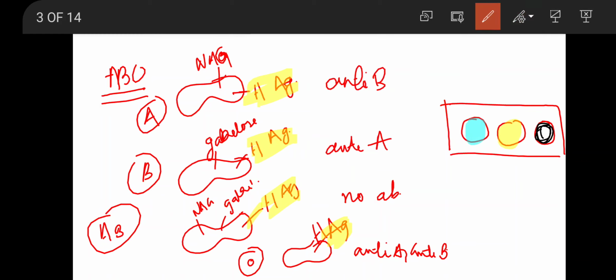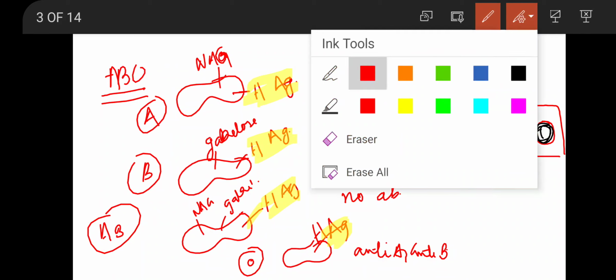This is the color of anti-A antibody. This is the color of anti-B antibody. So suppose your blood group is O positive. O positive means you do not have antigen. You have both anti-A and anti-B antibody.